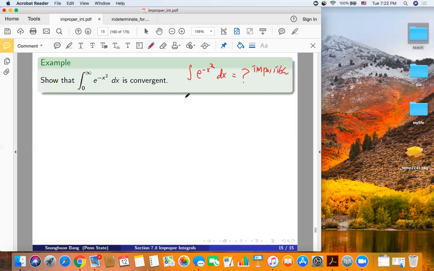Impossible. What is the integral of e to the minus x dx? Do you know this one?